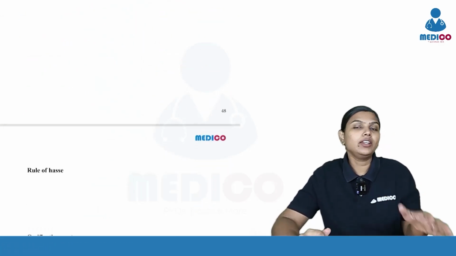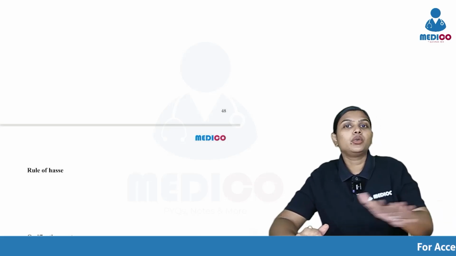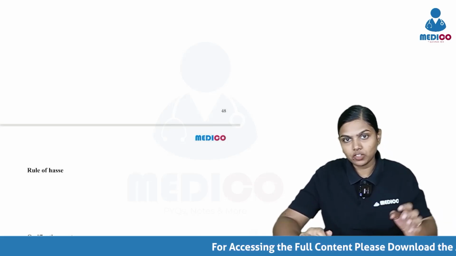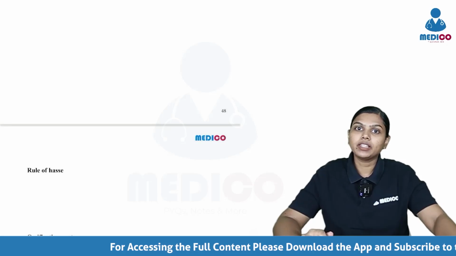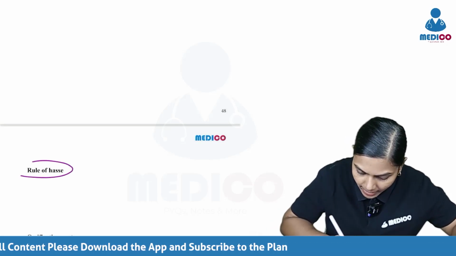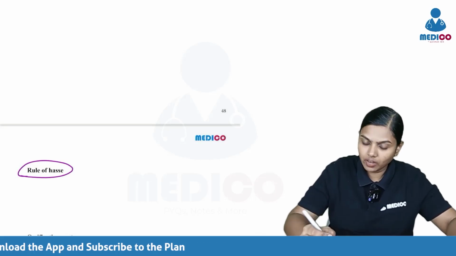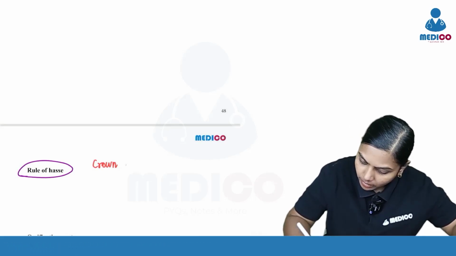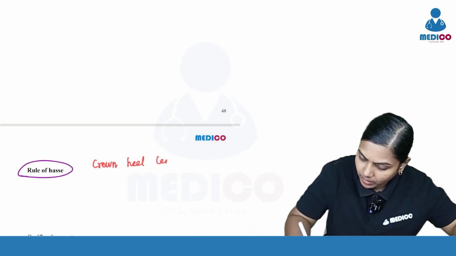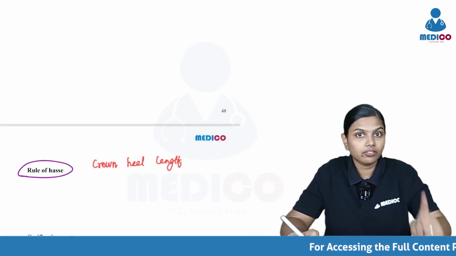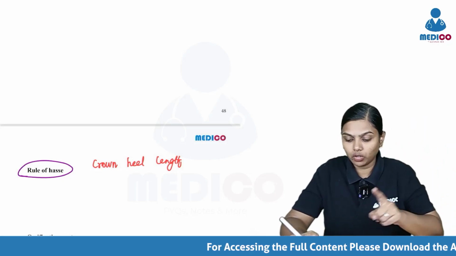And while doing the autopsy, after doing all these tests, we will also do some other things to estimate the age of the fetus. The first thing we do is the rule of Hasse. Here we take the crown heel length, not crown rump, it is crown heel from head to toe. Clear?